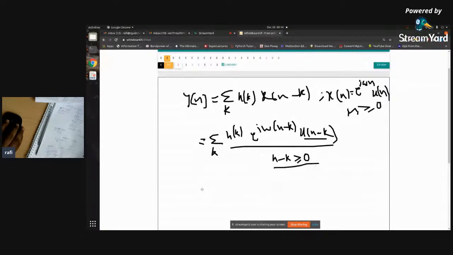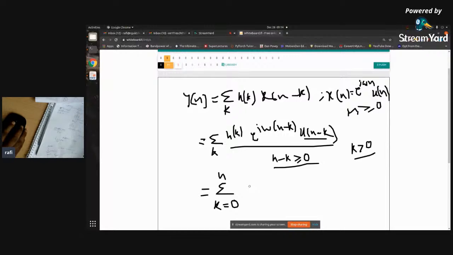If we assume k is strictly positive, then you can replace these limits with k equal to 0 to n.